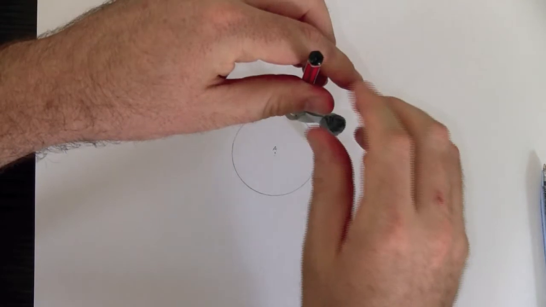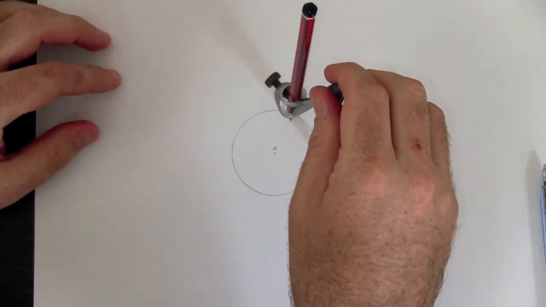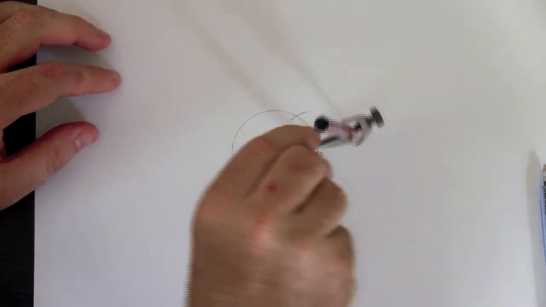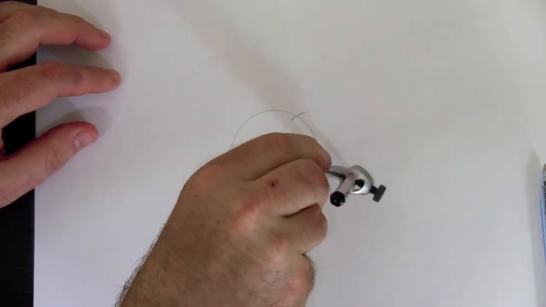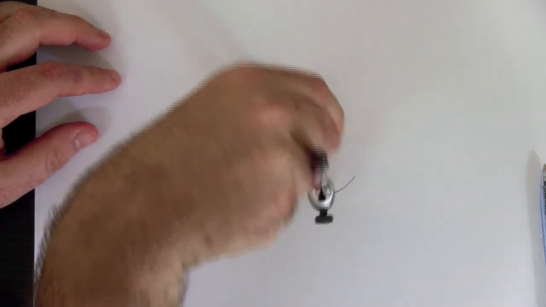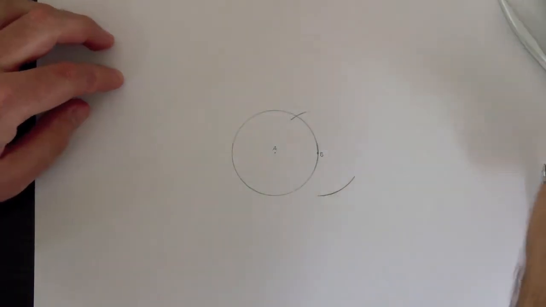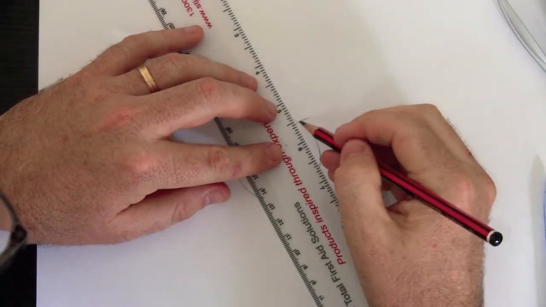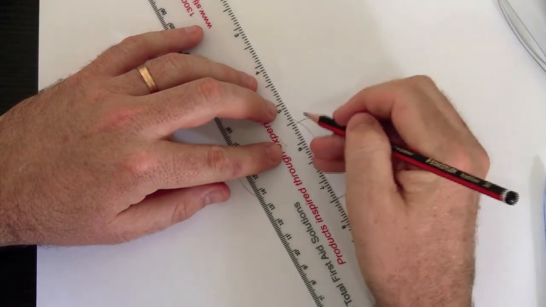Then I'll draw this point and another little bit of this arc down here. Then I'll get the straight edge, the ruler, and very carefully I'll draw a line from this point.